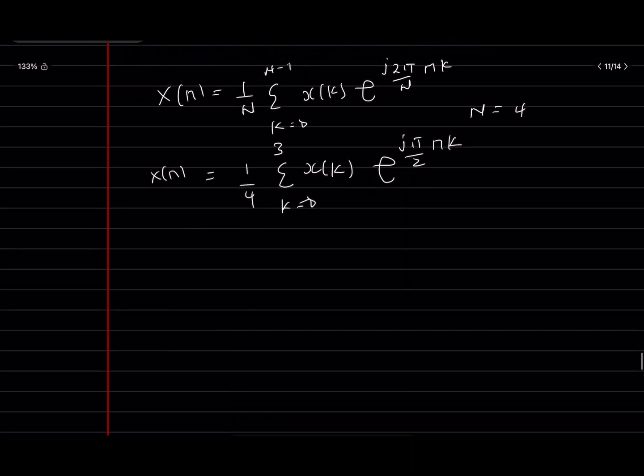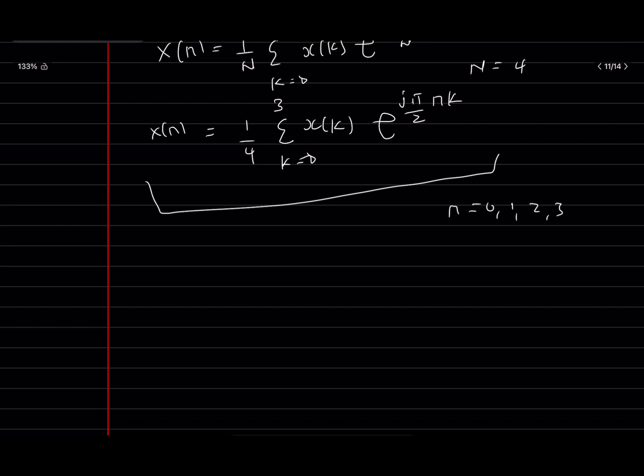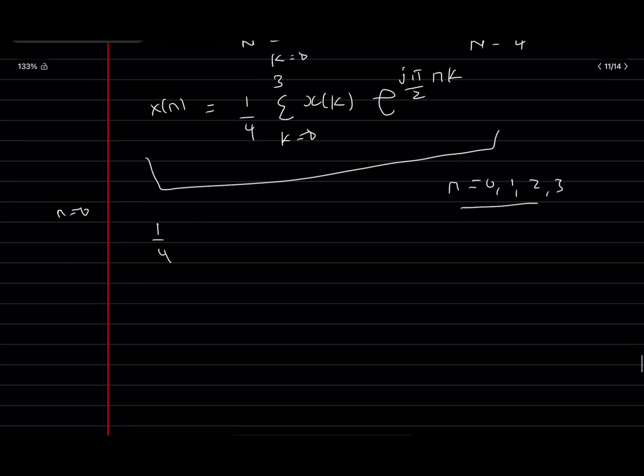So now that we have this, we are looking for all the 4 elements. So we are going to start from n equal to 0, 1, 2, and 3, which is N minus 1. For n equal to 0, we are going to get 1 over 4. Because n is 0, as usual, we are going to get X of 0 exponent 0, plus X of 1 exponent 0, plus X of 2 exponent 0, plus X of 3 exponent 0.